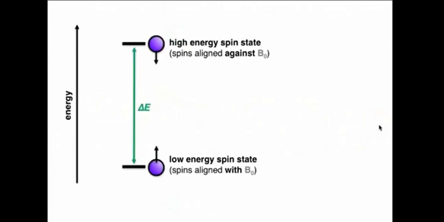Here is the gap delta E between the lower energy state and the opposed orientation, that is the beta level and the alpha level. We see the population concept. The population concept is how many protons are at the beta level and at the alpha level at a given time. The lower energy level always has a higher number of protons.